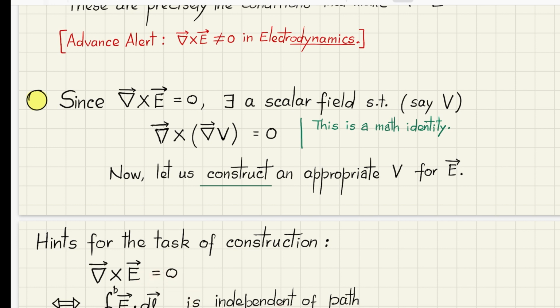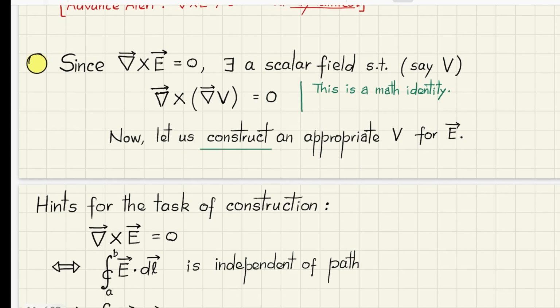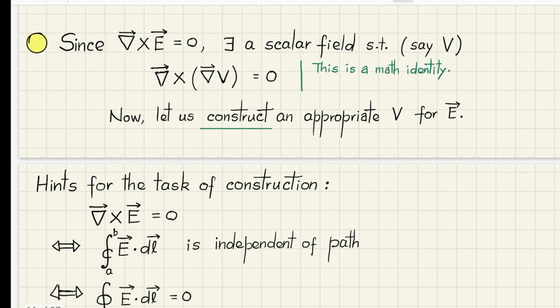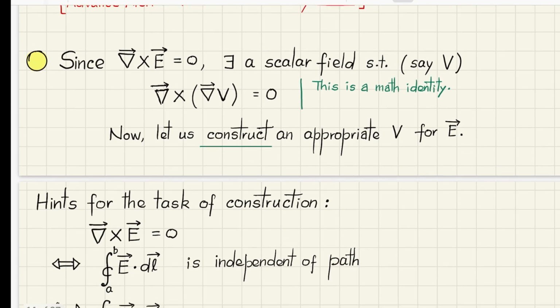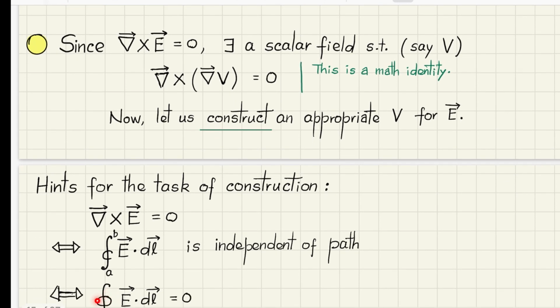That's something that we have proven even last chapter. And if you take it across a closed path, then of course it's 0. If it's independent of path, if A and B close on each other, it will be 0. So that is what we'll take as the hint.